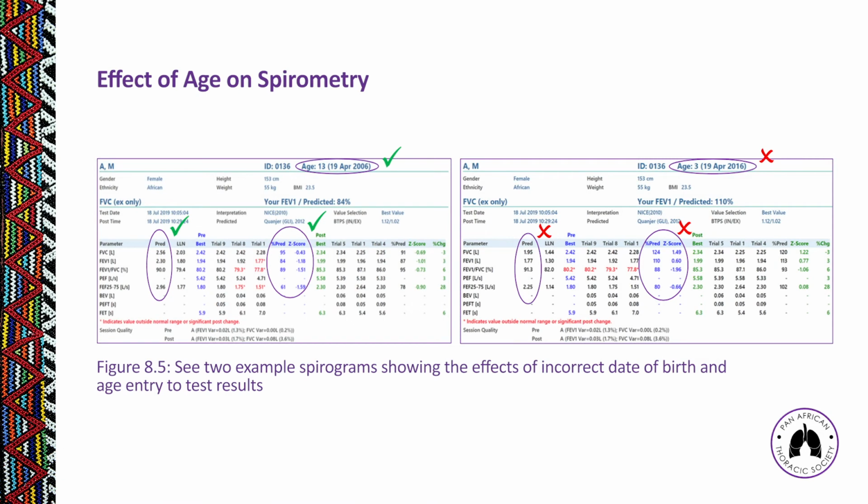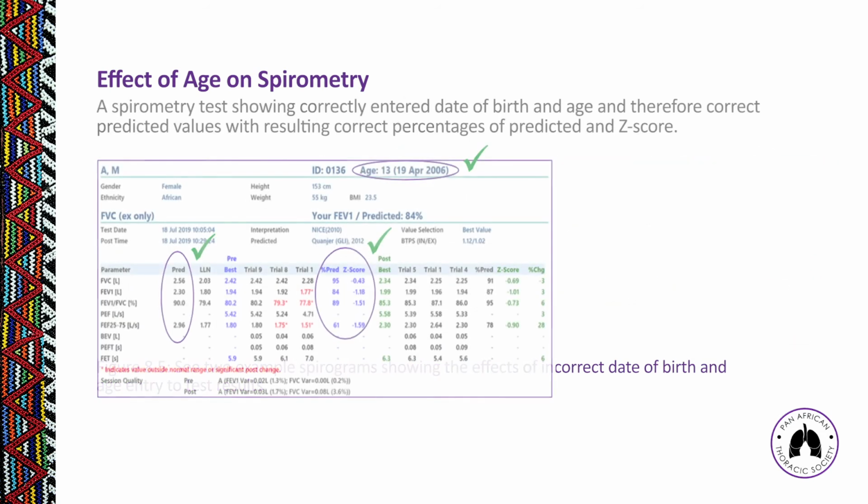Looking at figure 8.5, you can see two example spirograms showing the effects of the incorrect date of birth and age entry into the test results of a spirogram. In the first example, you will see a spirometry test showing the correctly entered date of birth and age of a 13-year-old individual, with the date of birth being the 19th of April 2006.